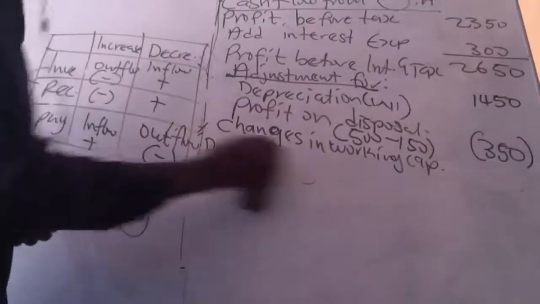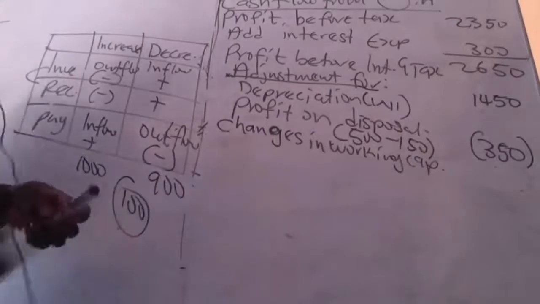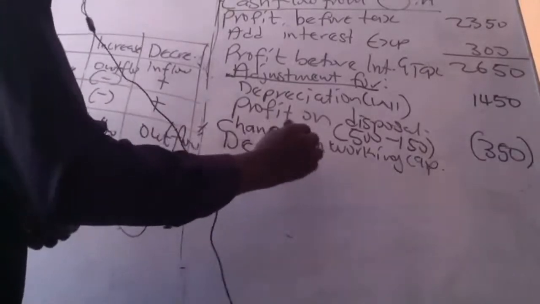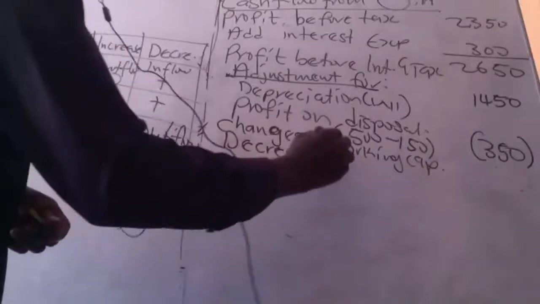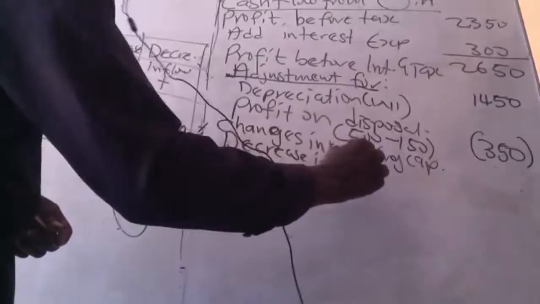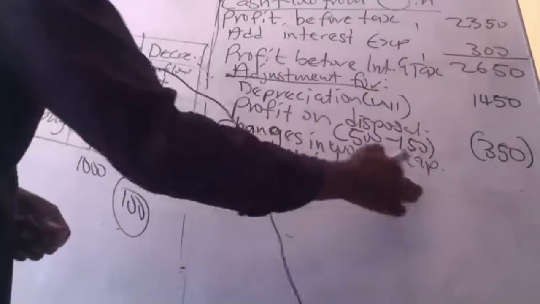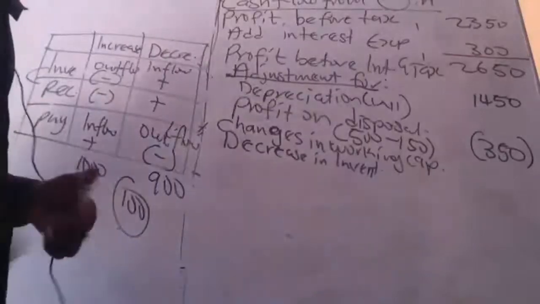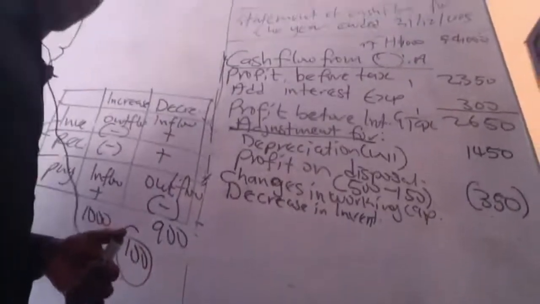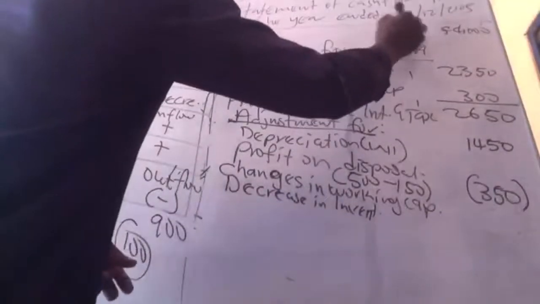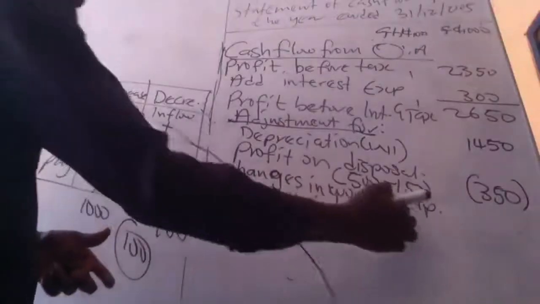So let's do the calculation. It's a decrease in inventory. The answer should be in the first currency column.